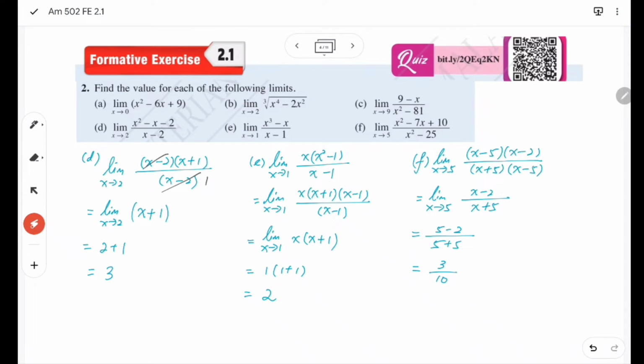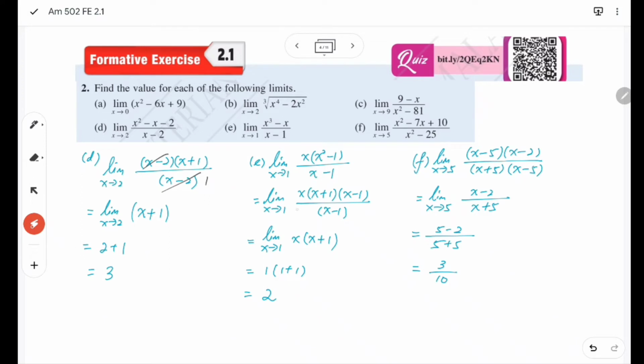E. The limit of x cubed minus x divided by x minus 1 when x tends to 1. When x tends to 1, we straight away substitute in. We get 1 cubed minus 1, which is 0, over 1 minus 1, which is 0. So we try to do factorization on top. Factorize out the x, we get x times x squared minus 1. And x squared minus 1 can be factorized again, right?